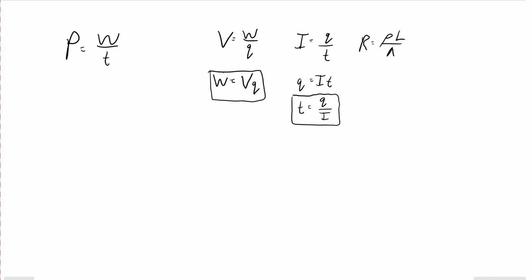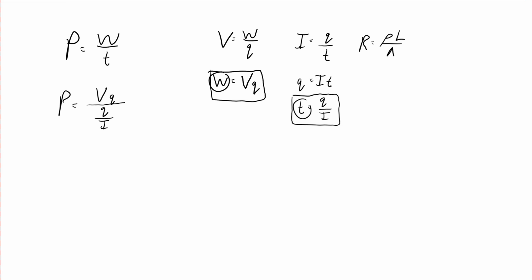So let's plug in the work and the time over here and see if we can make a nice formula. So we said work is equal to voltage times the charge, and then the time, so work divided by time is equal to voltage times charge divided by Q over I. So we're just purely doing a mathematical manipulation, derivation to see what we could come up with.